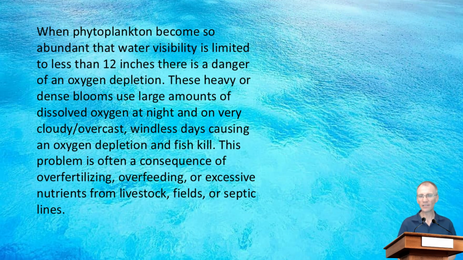These heavy or dense blooms use large amounts of dissolved oxygen at night and on very cloudy or overcast, windless days, causing an oxygen depletion and fish kill. This problem is often a consequence of over-fertilizing, overfeeding, or excessive nutrients from livestock, fields, or septic lines.